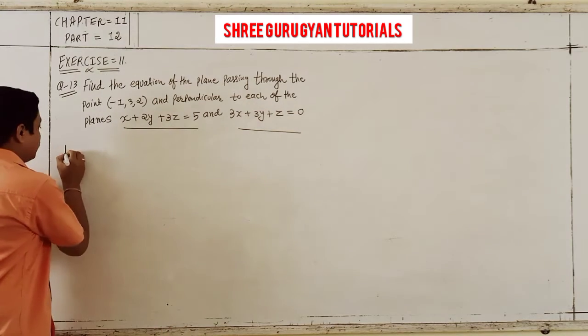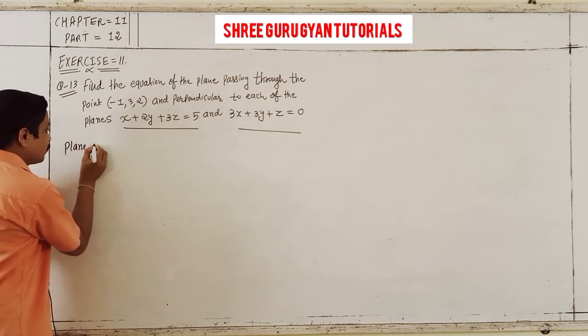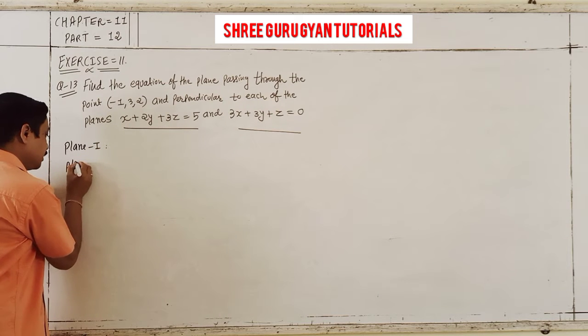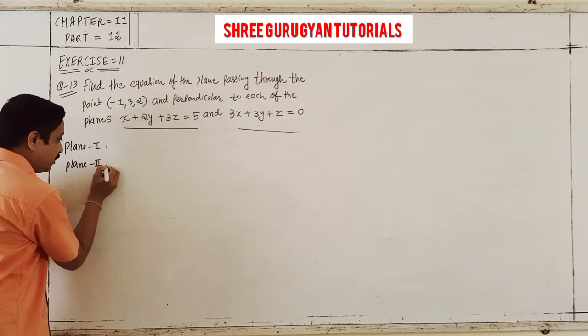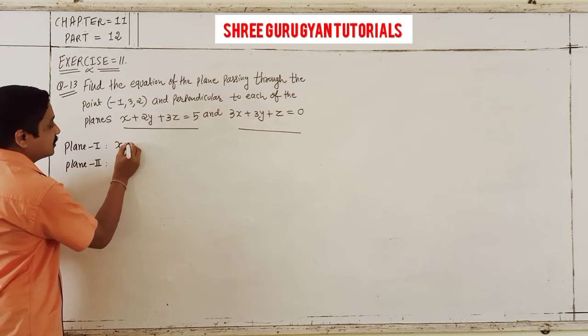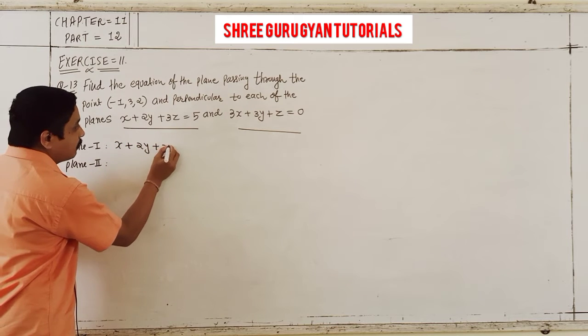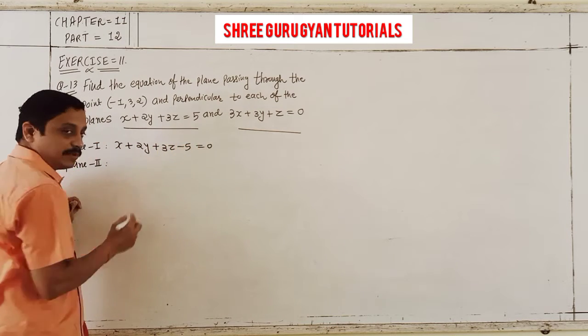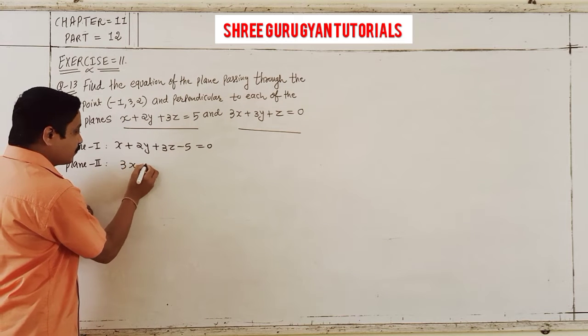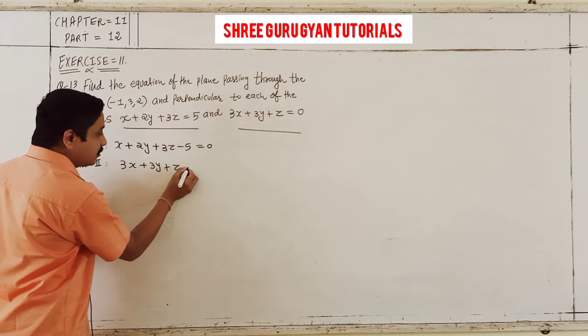So for plane 1, it is very easy, you will take the normals of plane 1 and plane 2. Plane 1 is x plus 2y plus 3z minus 5, and the second is 3x plus 3y plus z.